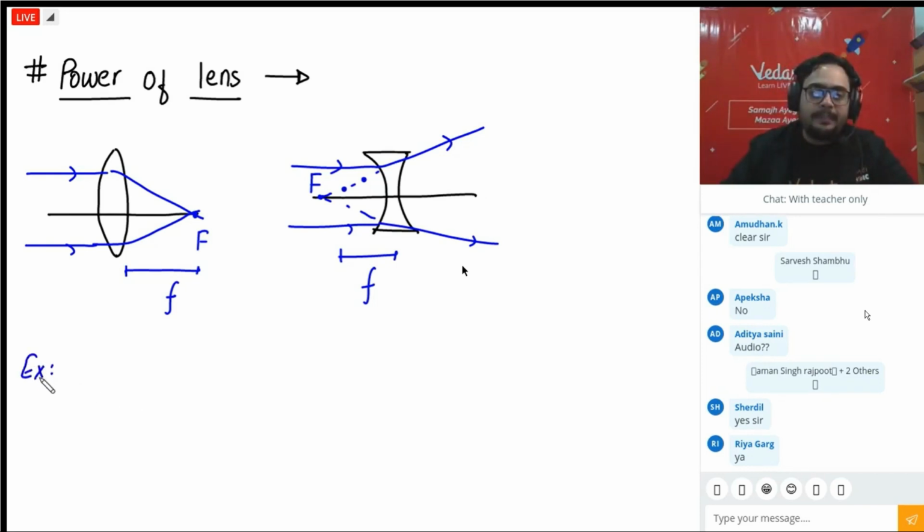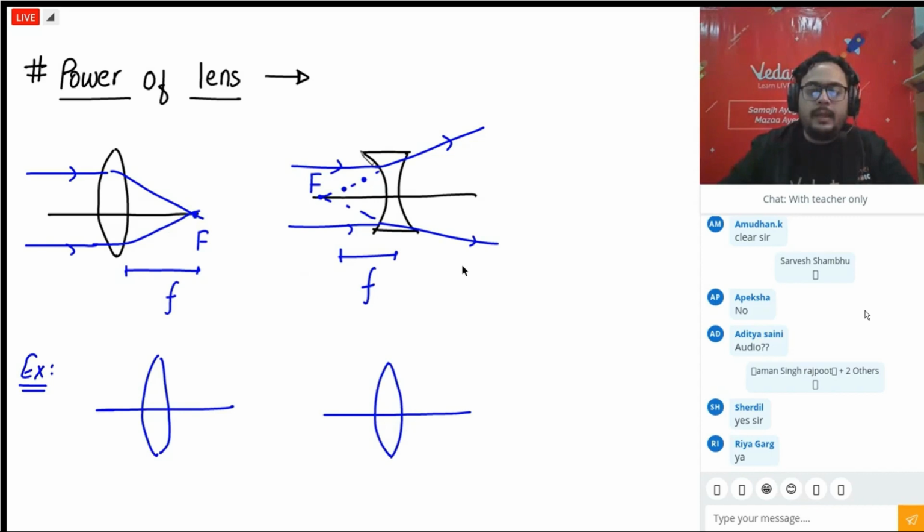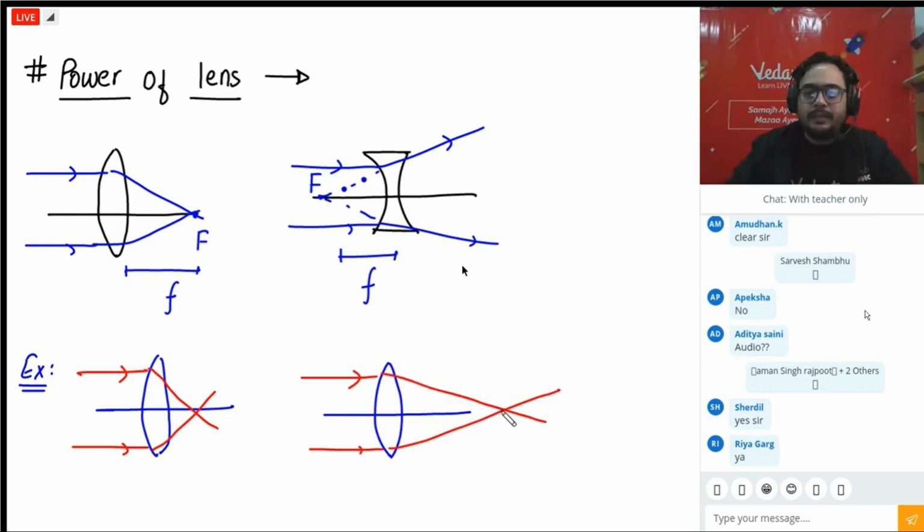If I ask you one example, I have two lenses, suppose this is lens 1, this is lens 2. Let me say on both the lenses, rays are falling. So both will converge the rays. But the first one converged it like this, while the second one converged it like this.